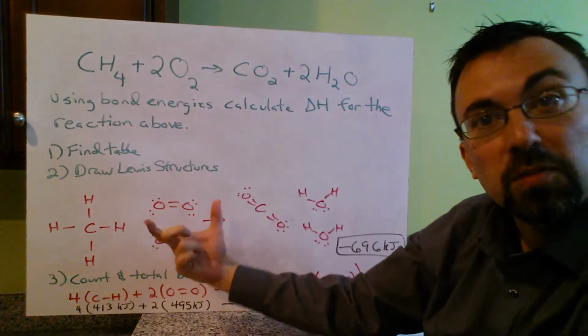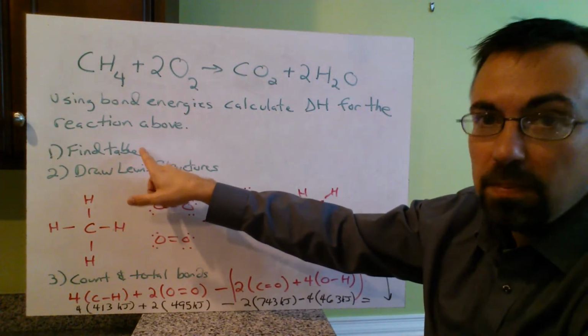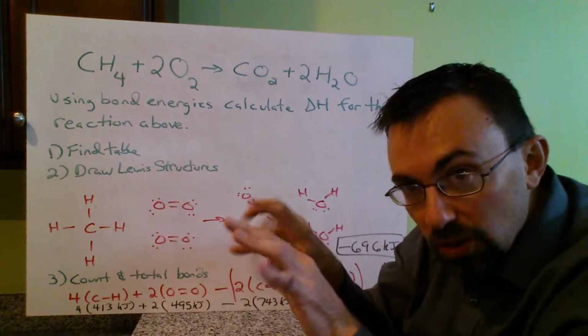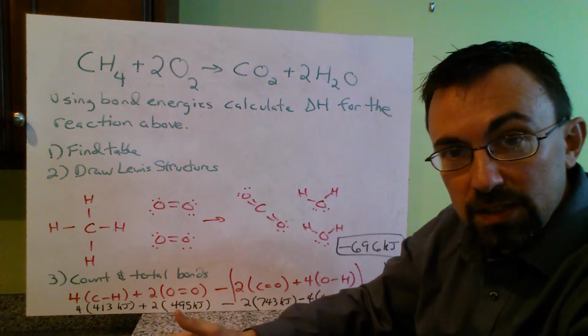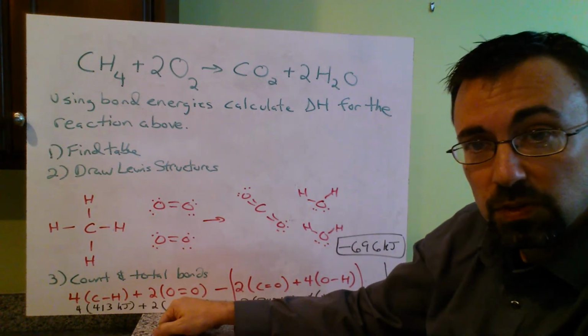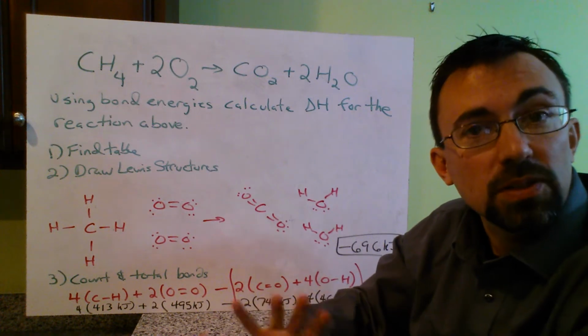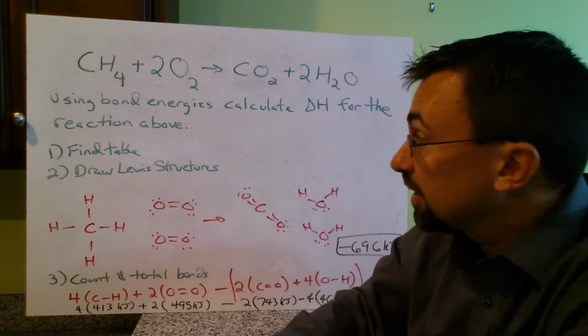And they'll probably give you a table of bond energies with the problem. But if they don't, find the table in your book, ask your buddy Bob, back of the book, or Google, and find a data table of average bond energies. They will vary from source to source. I saw one where it's 495, one where it's 498 for this particular value. So there's a little bit of range. Again, it's an average value, so depending on what they use to average, they might get a slightly different value.